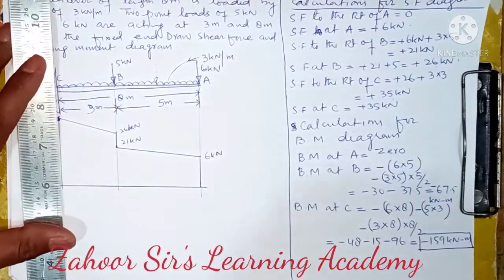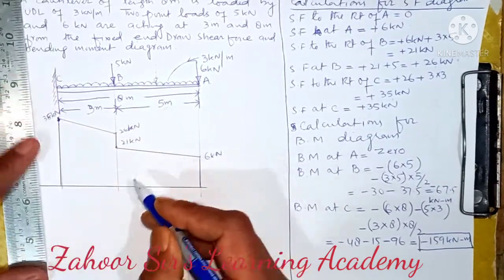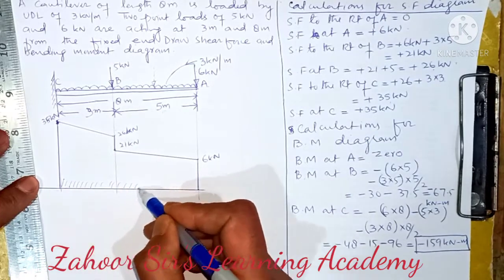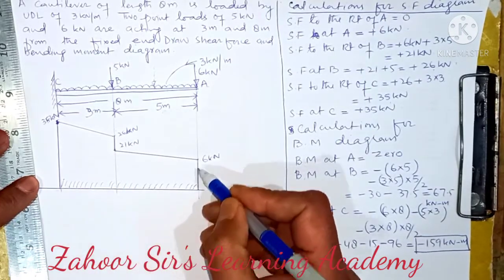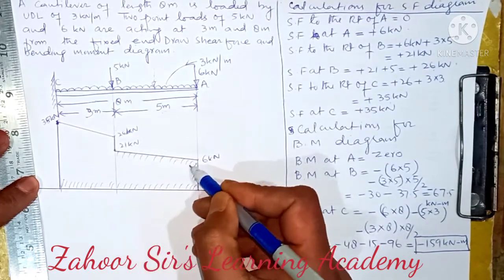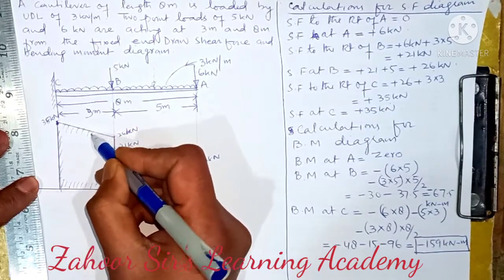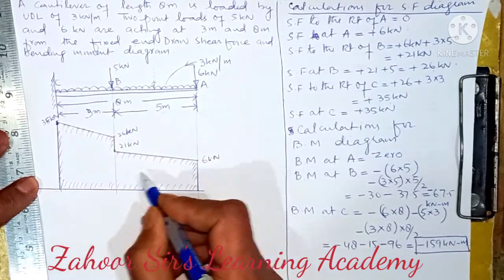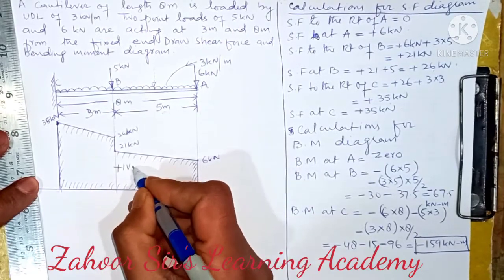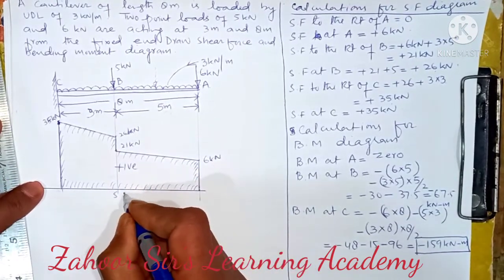Then this end needs to be closed. We have to close the diagram, and this needs to be hatched. And because this SF diagram is positive, we need to write positive in the middle of the diagram. And this was the SF diagram.